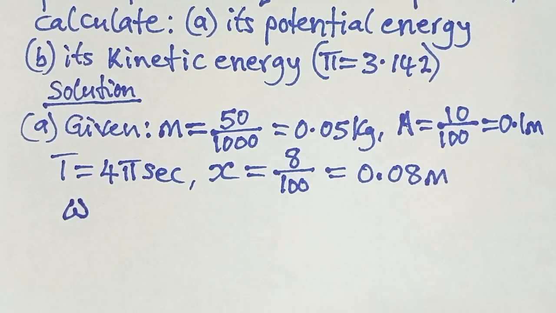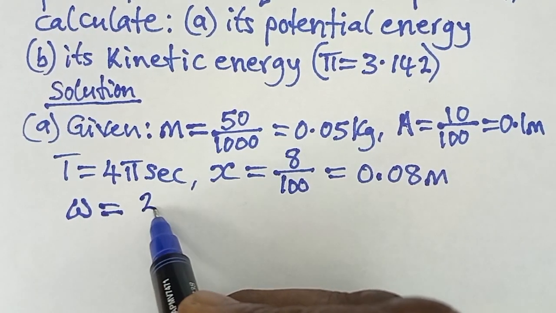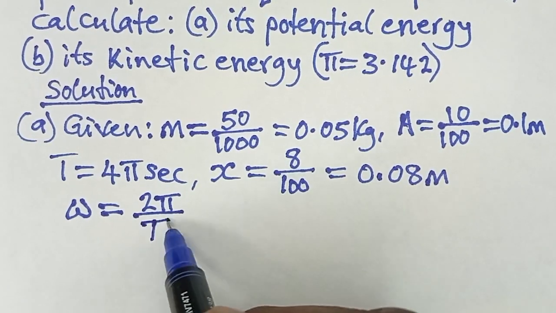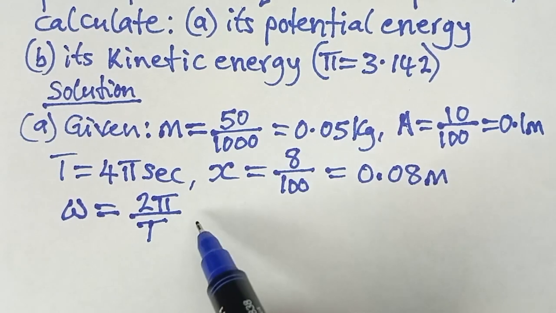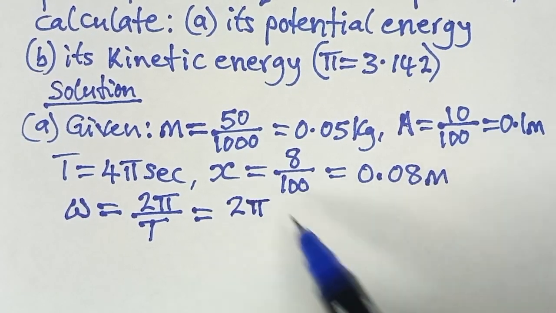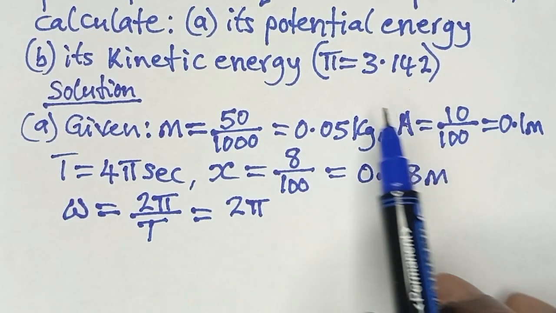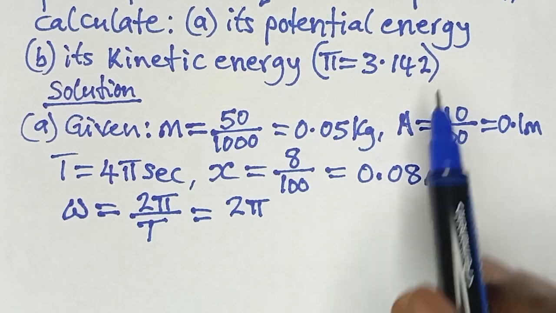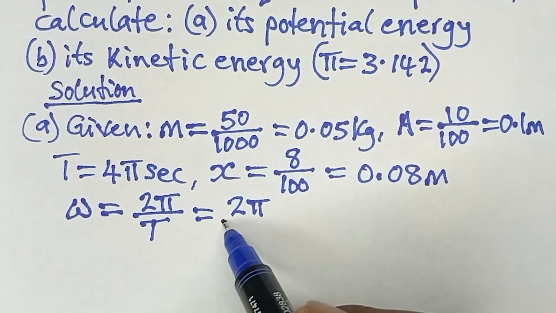So angular velocity is given by 2 pi all over the period. Don't forget this formula for angular velocity. Since we are given period in pi, we can leave the pi like this. There is no need of using 3.142 given to us in the question, because pi will later disappear.